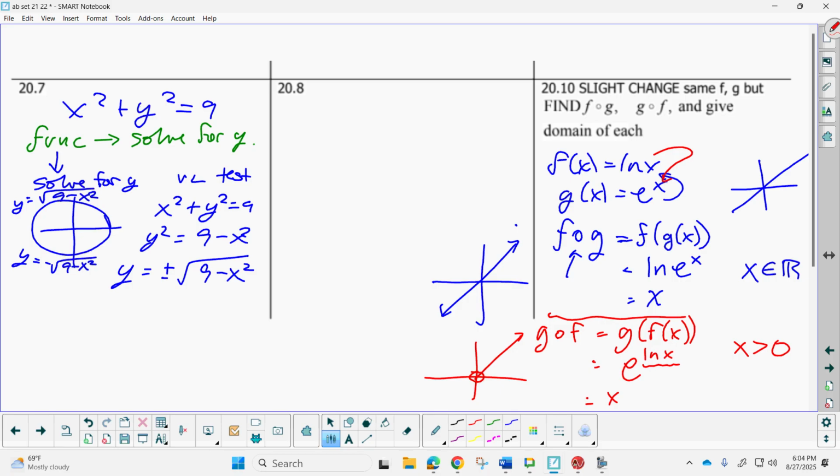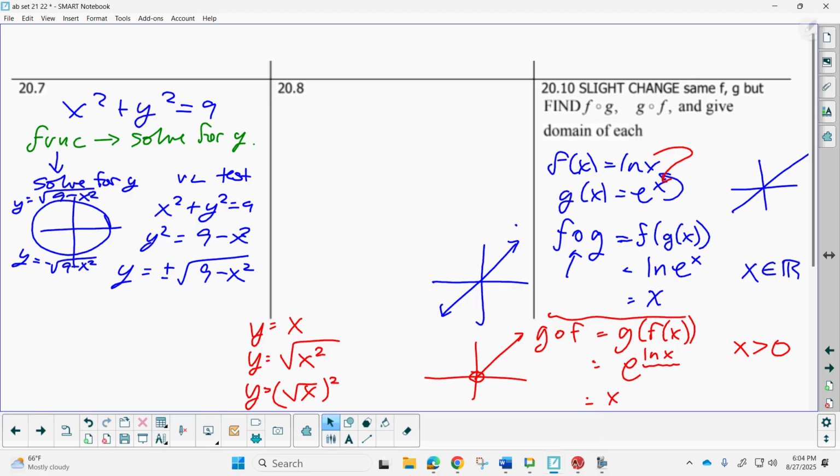For a simpler version of this, consider what the graphs of these would look like. x, square root of x squared, and the square root of x then squared. Now, I know students are tempted to say they're all x. They're all exactly the same graph. And they're not. This graph is all reals. This graph, because the square comes first, it's all reals.